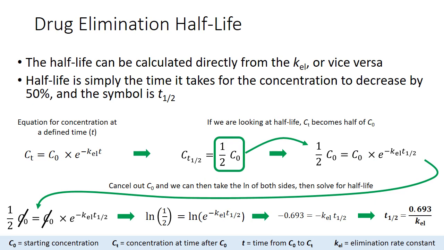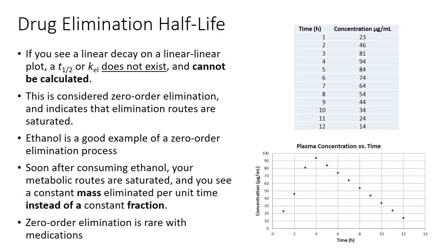We can cancel out the C0s. You take the ln of both sides, and long story short, you get this equation, and then you can manipulate it to get the half-life. Again, that's only if you're interested in how we got there. You can just have faith in the equation and convince yourself that it works by trying it. So a lot of this is going to be review until we get to clearance.